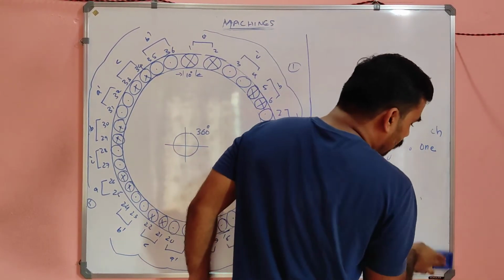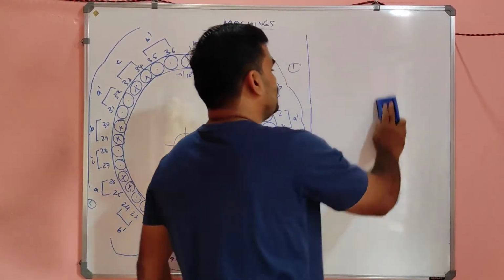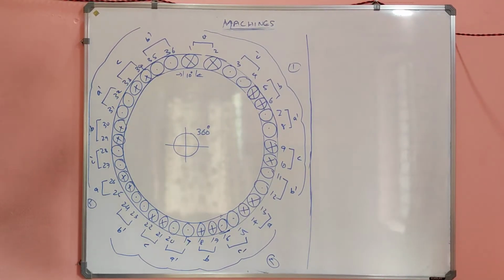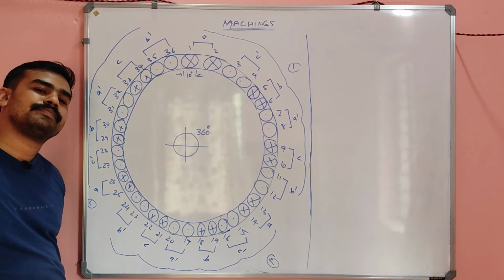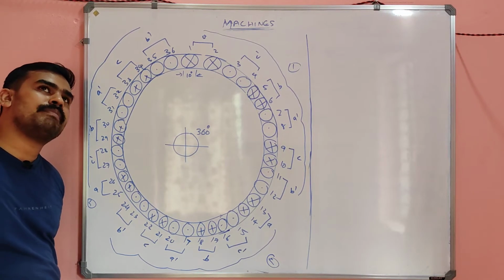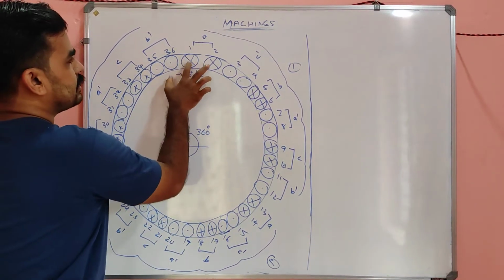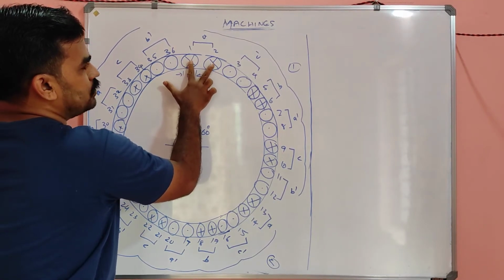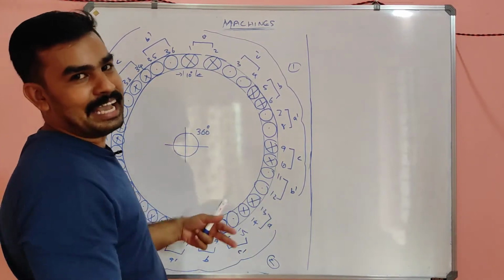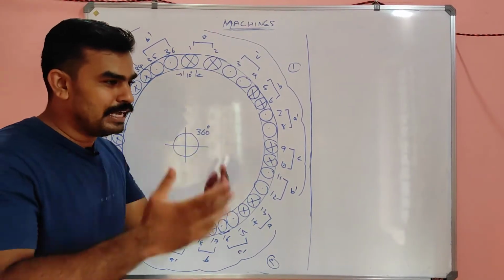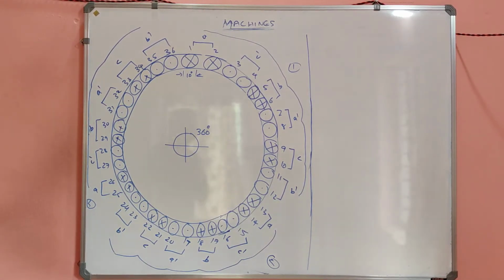How much spreading of a single phase happens? A single phase spreading is under these two slots. Under these two, it is opposite now. So under these two is the spreading of phase A. That's all, the space spread.